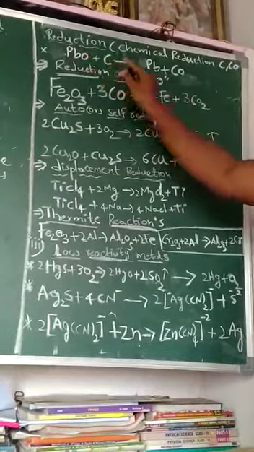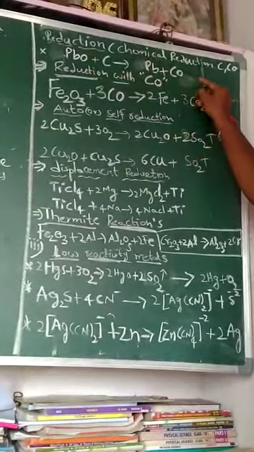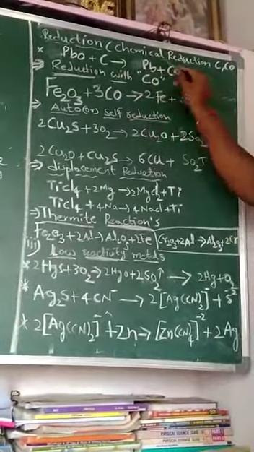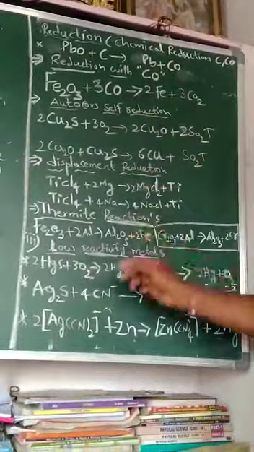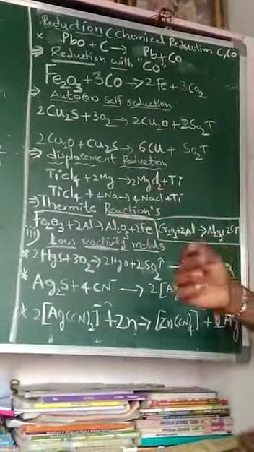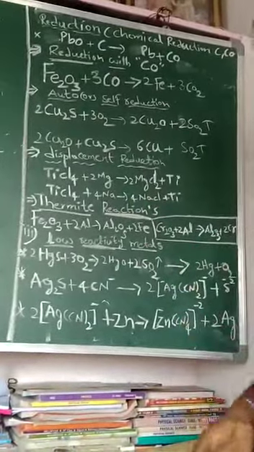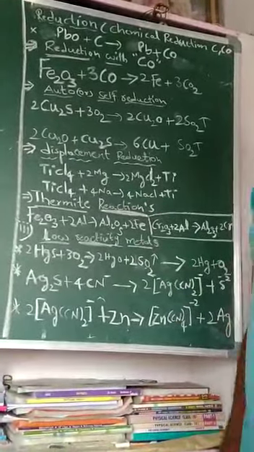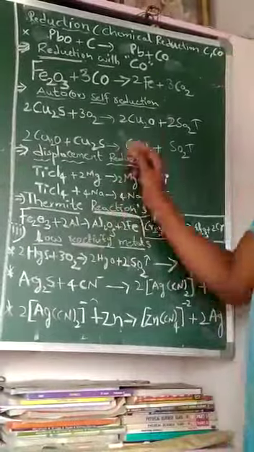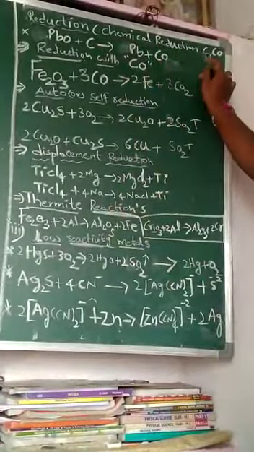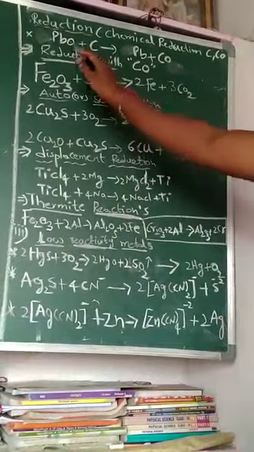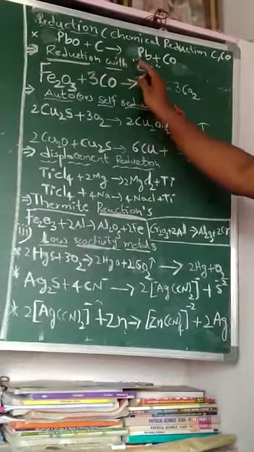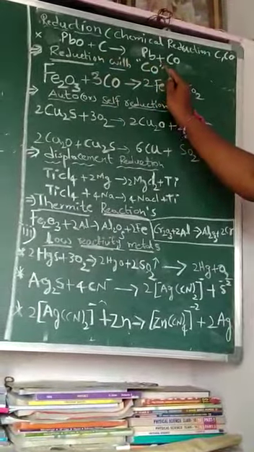This is chemical reduction. We know that reduction also has types: chemical reduction, auto reduction, displacement reduction. Another one is electrolytic reduction, but electrolytic reduction is not discussed here. So reduction with carbon and carbon monoxide: PbO plus carbon gives rise to Pb plus carbon monoxide.